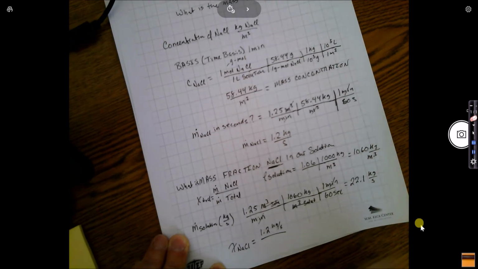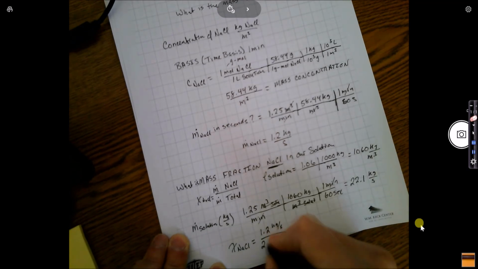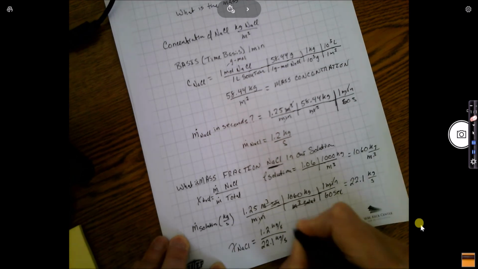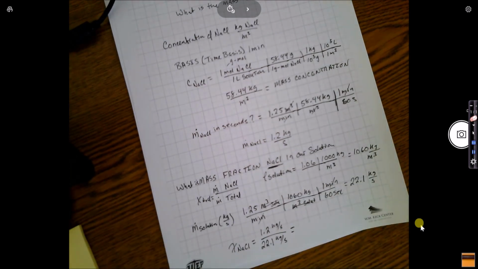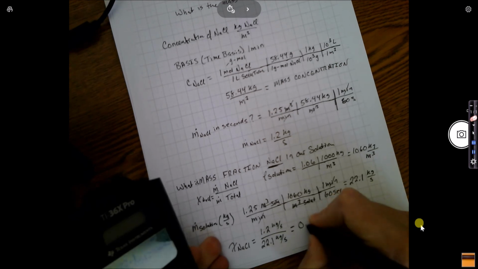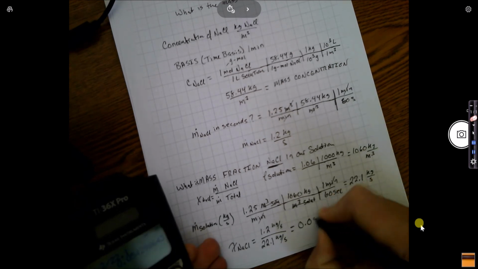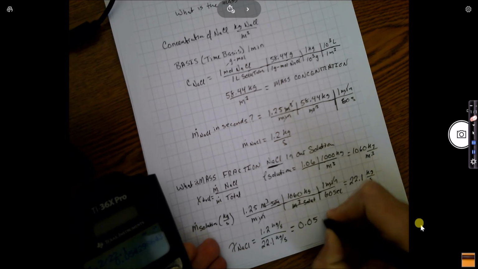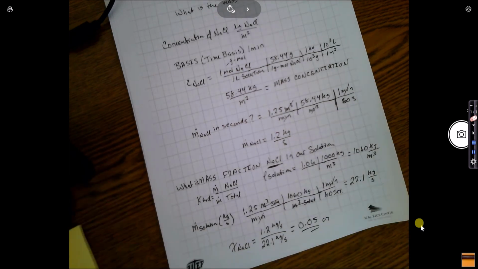Feel free to do the railroad track method if you see fit. 1.2 divided by 22.1 equals 0.05, or if we multiply that times 100, we'll just go ahead and put 5.4%.